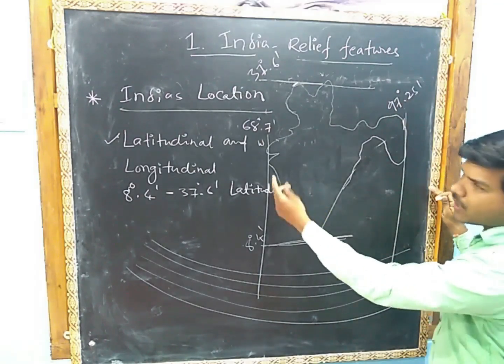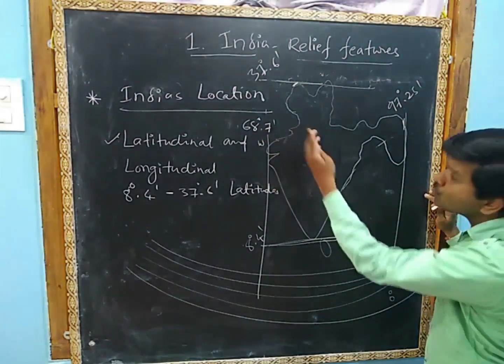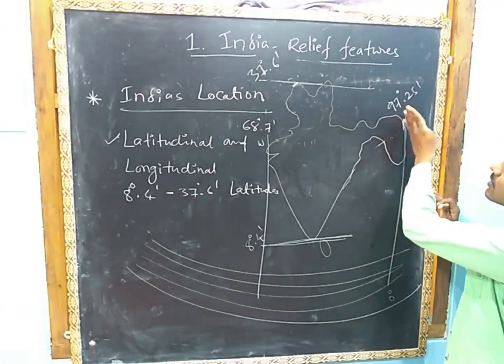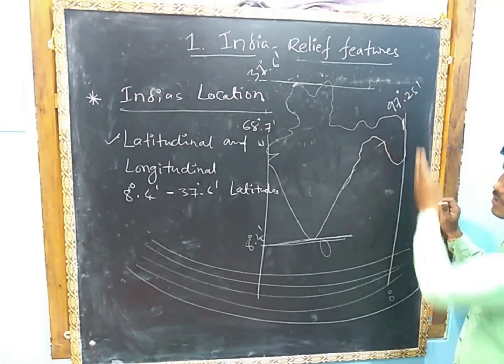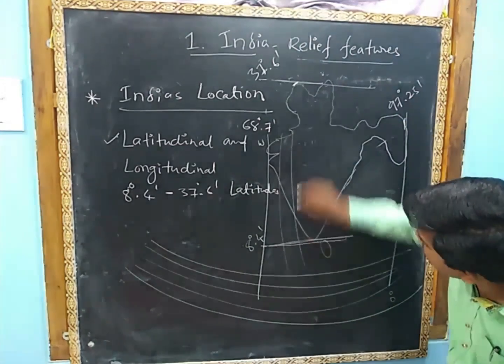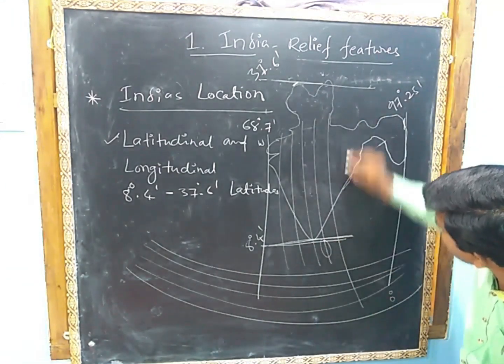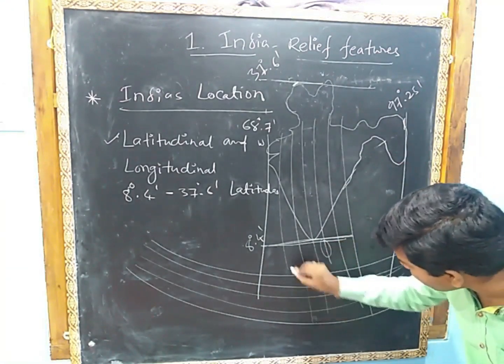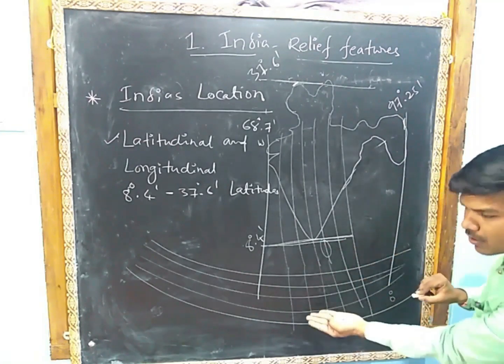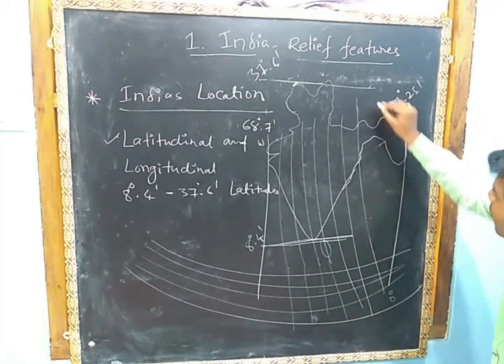So India is located between 68 degrees 7 minutes to 97 degrees 25 minutes. These are the longitudes. Here they are forming a grid, a network. This is called a grid.